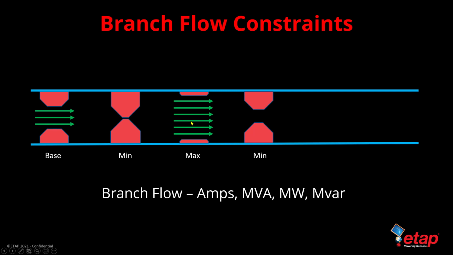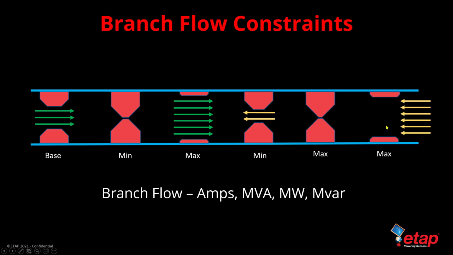However, just like bus voltages, the minimum and maximum do not need to be equal, or it can be uneven. So we can define our minimum constraint not only to be a lower value than the base, but we can also define that to be in the opposite direction. And ETAP allows you to do this. You can also define your maximum to limit the flow to 0 value.